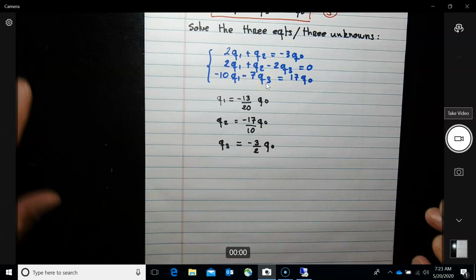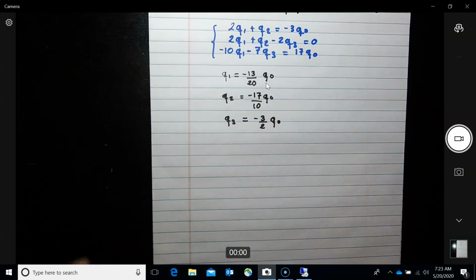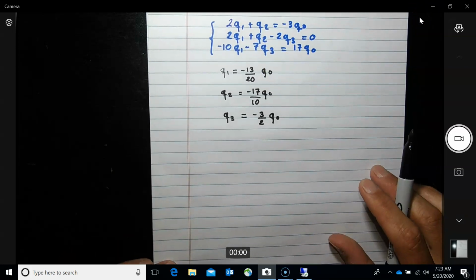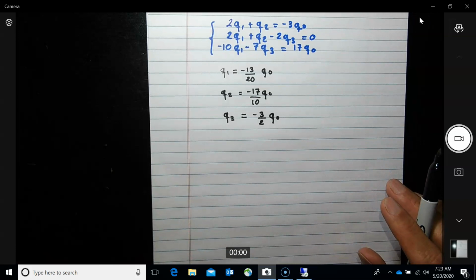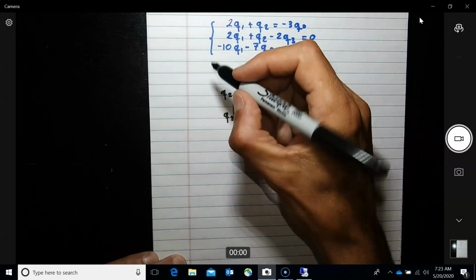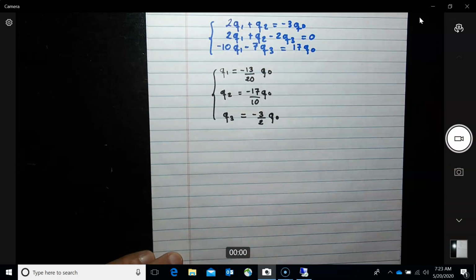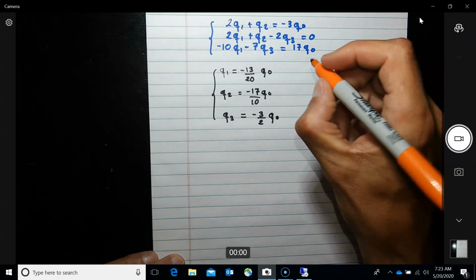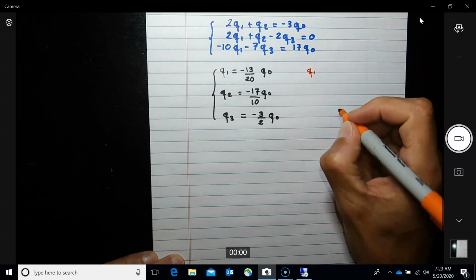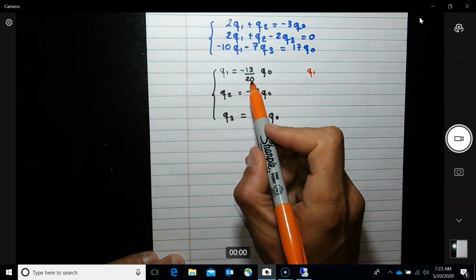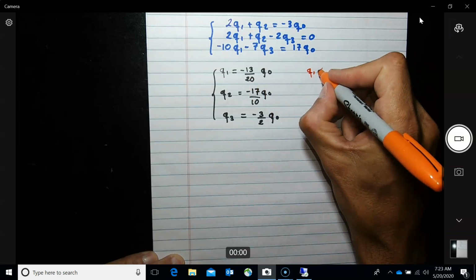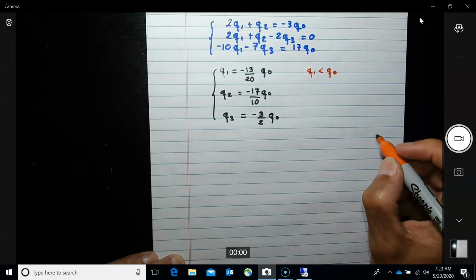All right, so basically we have over here, so maybe I want you to notice something. From here you can notice that q sub 1 is 13 over 20, so that means that it's lower than q sub naught.